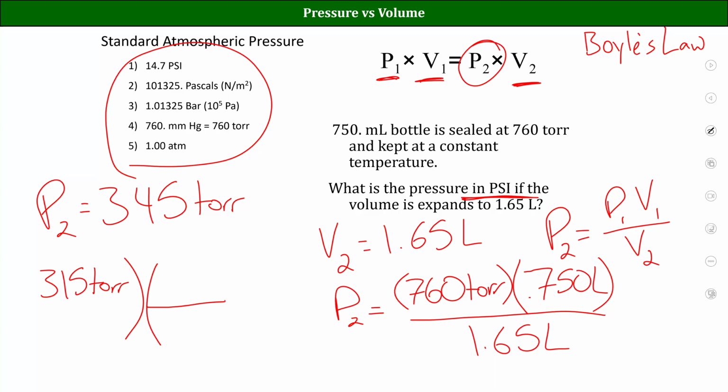What conversion are we going to use here? The nice thing about setting all of these equal to the same standard pressure is you can make a conversion factor out of any of these. Just pick the one that you want to cancel out and put it on the bottom. And then we want PSI on top. So 14.7 PSI goes on top.